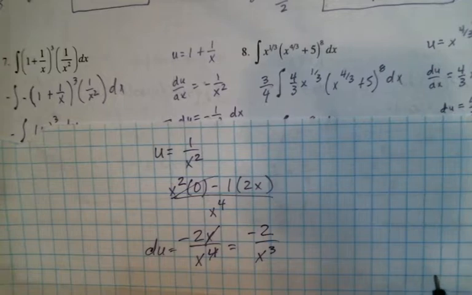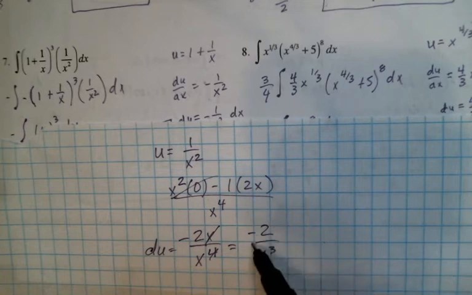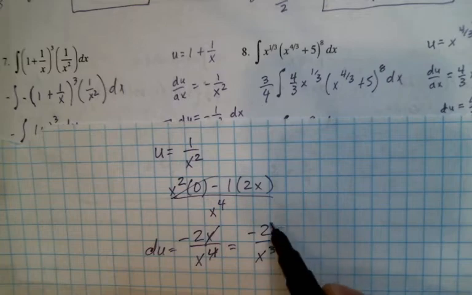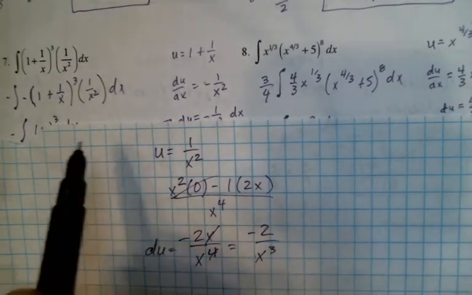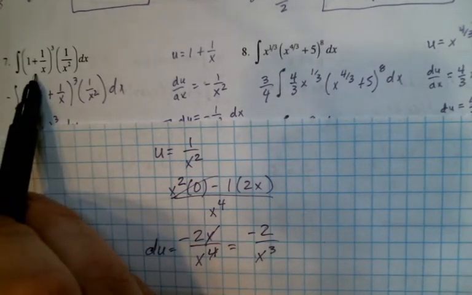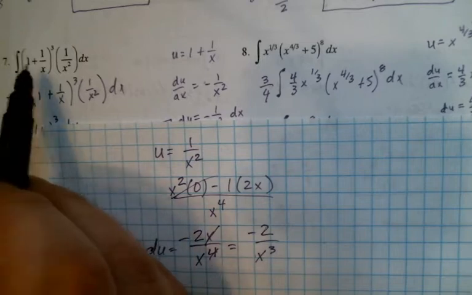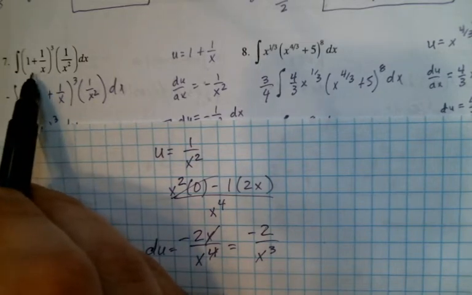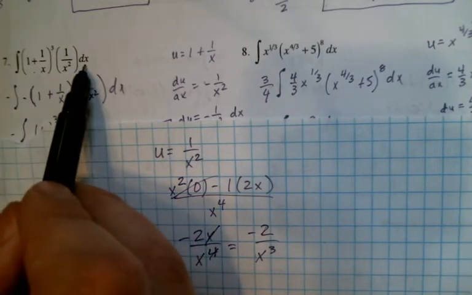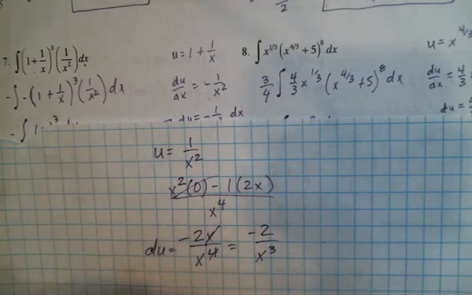So I would somehow have to get this right here to that right there. I would have to multiply this by something to get it to meet that, in order to take out this and the dx to make du.